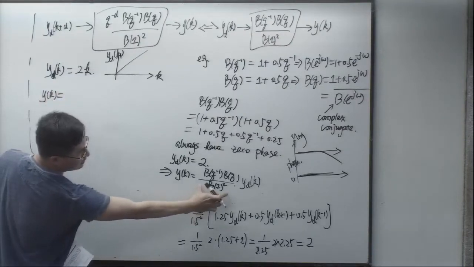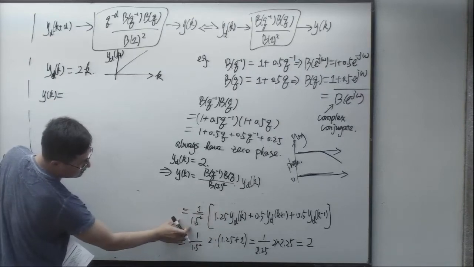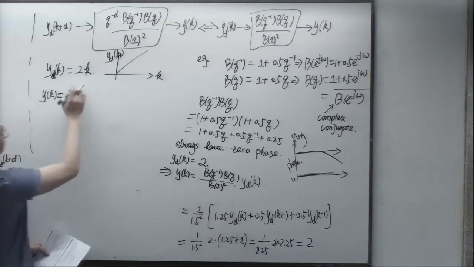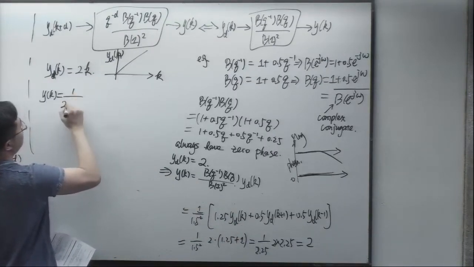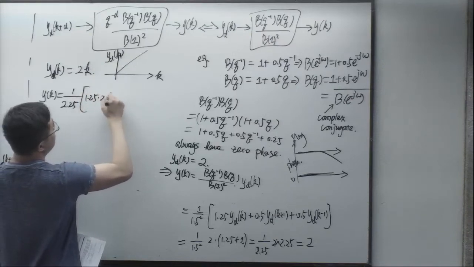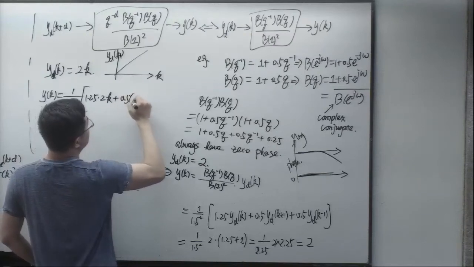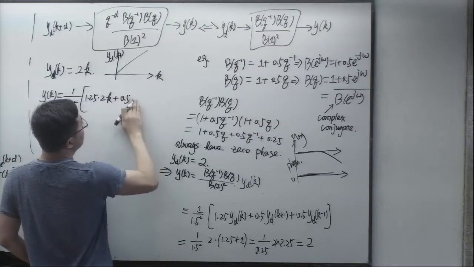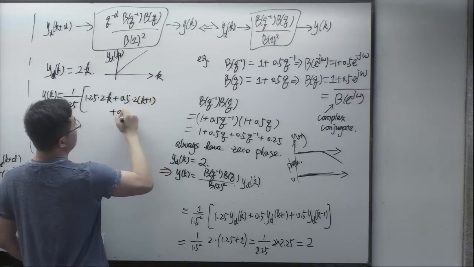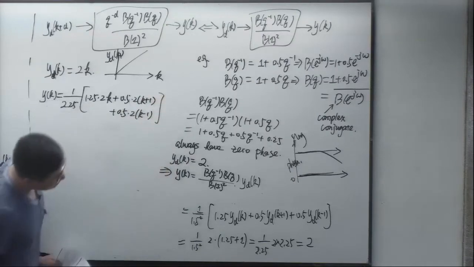So this doesn't change, and then this signal is still valid. We replace YD with this, so you're going to get 1 over 2.25, 1.25 times 2k plus 0.5 times 2k plus 1, and then 0.5 times 2k minus 1.